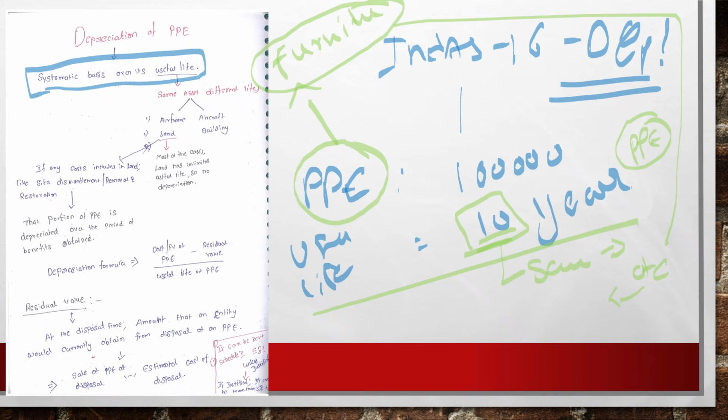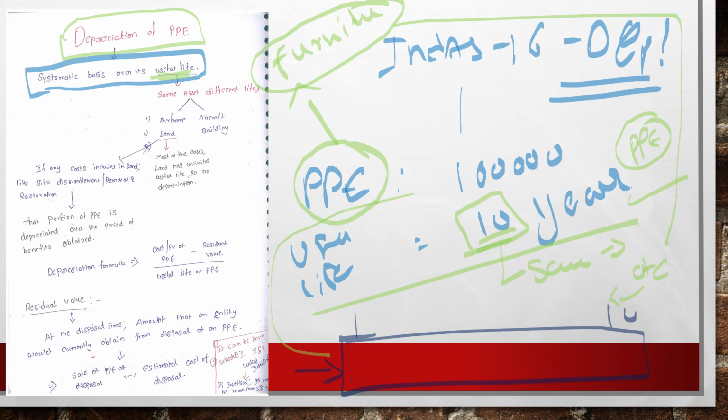But what do we do at depreciation time, and how do we have to do the depreciation during this useful life? The useful life is 10 years, and how do we systematically allocate this cost to the P&L account, say from year 1 to 10?